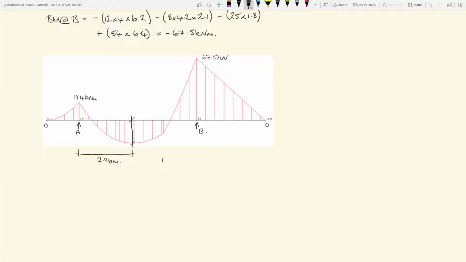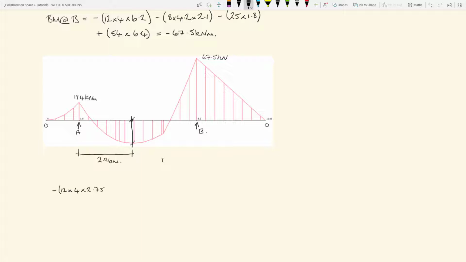So if we consider the bending moments about this point, and considering the 12 kilonewton UD load first, that is going to give tension on the top, so it's a negative bending moment. So we get minus 12 times 4 times its lever arm, 2.75 meters.